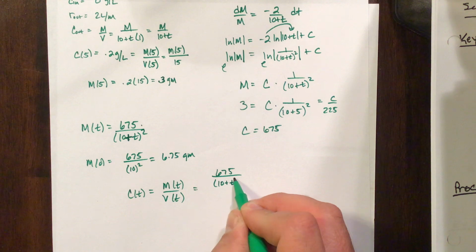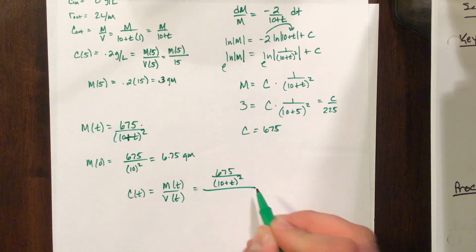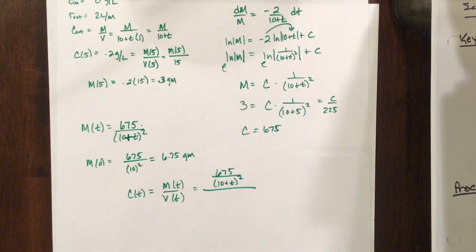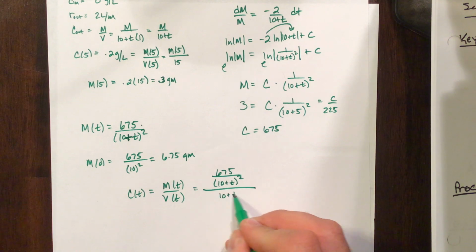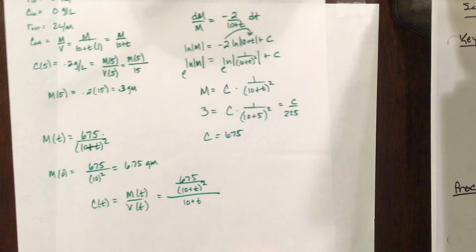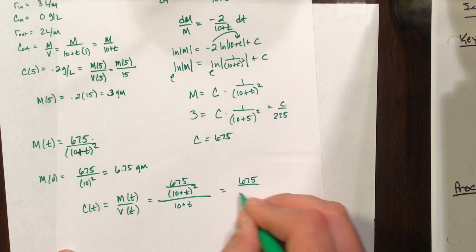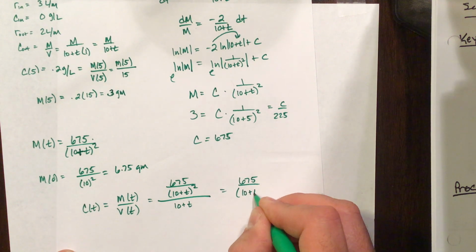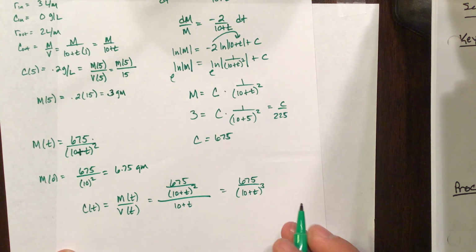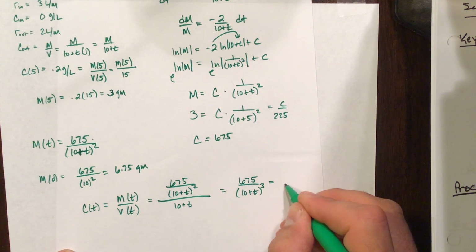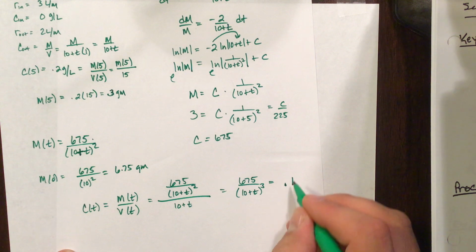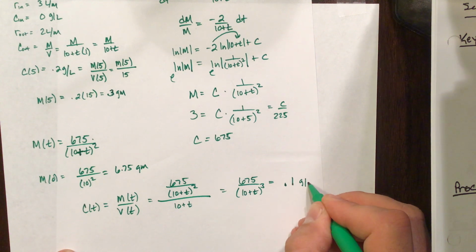I'm assuming that all my algebra and calculus is right. V of t, we established that to be 10 plus t. So the concentration at any given time is 675 over 10 plus t cubed. And we want to know when that's equal to 0.1 grams per liter.